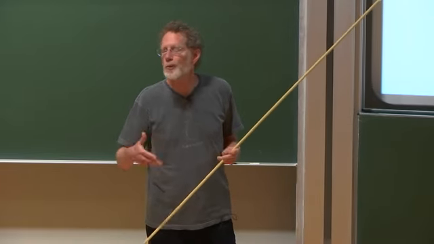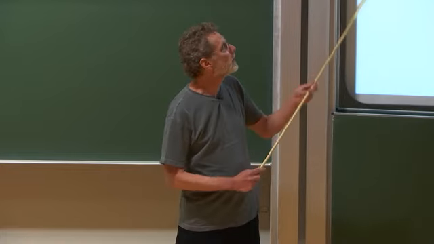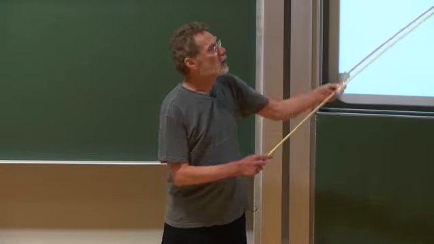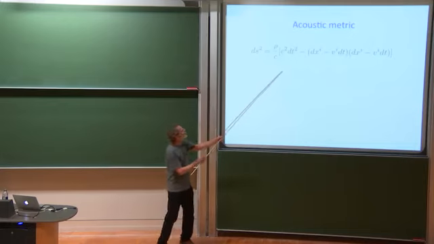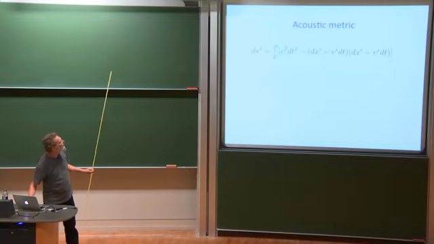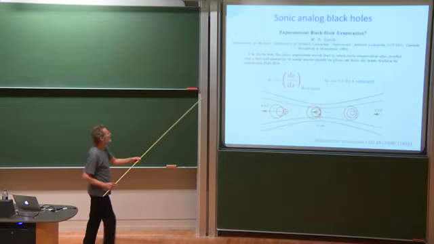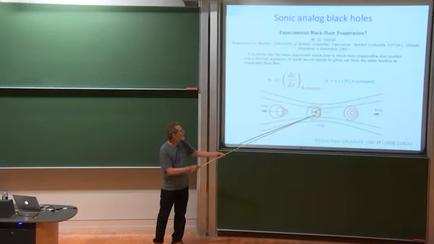Actually, it's the velocity potential for the sound waves that satisfies the covariant wave equation in this metric. Then we can look at the horizon and the surface gravity in this metric, and the surface gravity turns out to be the rate of change of the velocity evaluated at the horizon.